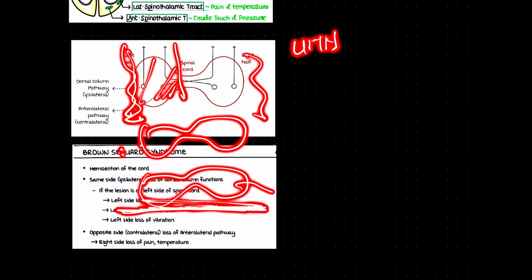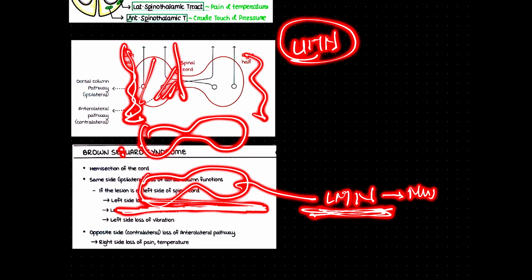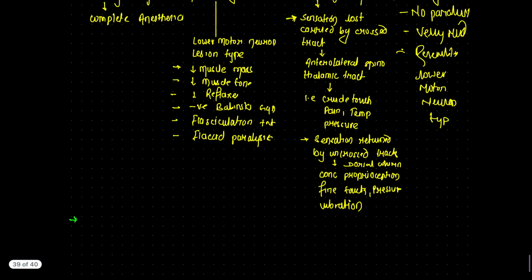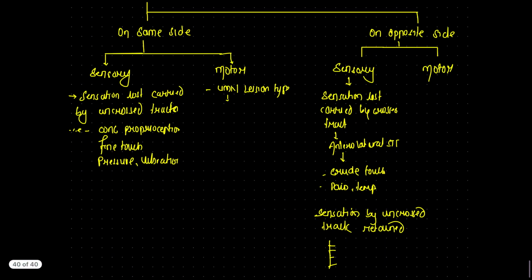Here this is our lower motor neuron that is connecting with muscle. So in comparison to this level, this upper level is the upper motor neuron. So the motor function in this region, below the damage of the spinal cord, corresponds to the upper motor neuron lesion type, and we know the various characteristics of upper motor neuron lesion.